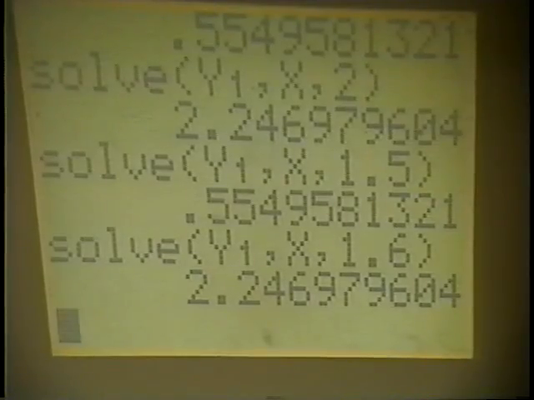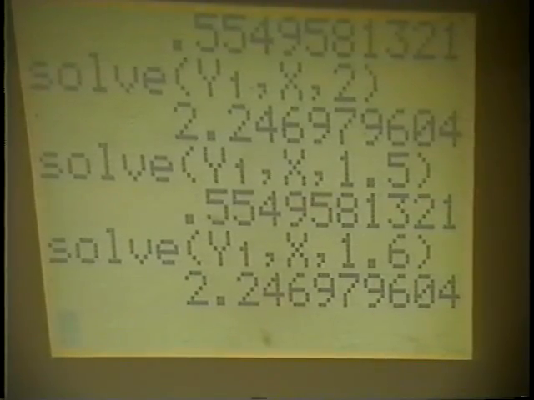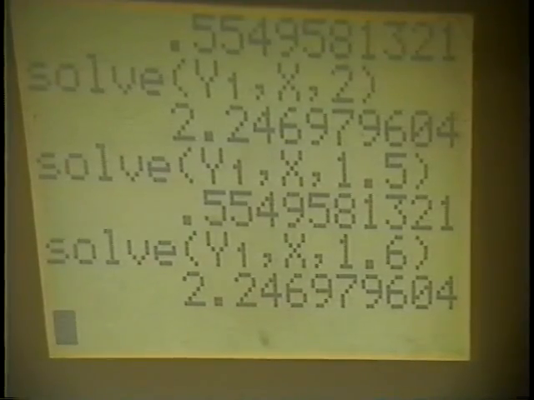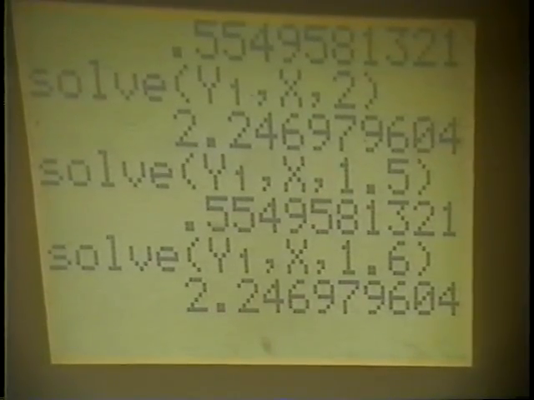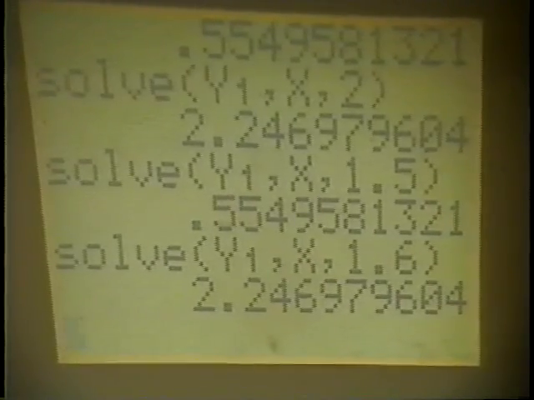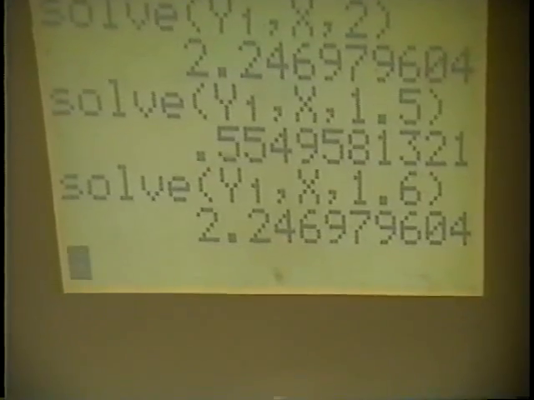Okay? In class, you'll learn something about how the solve key works, but you can't assume you're necessarily going to get the root that you want. That's one of the problems. It's certainly an efficient method, but that's a slight drawback. Which brings us to the third method that I'm going to show you for finding the roots of an equation.